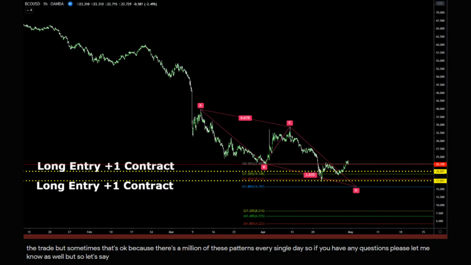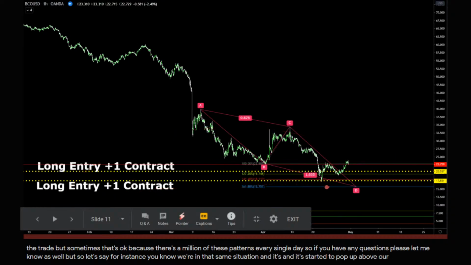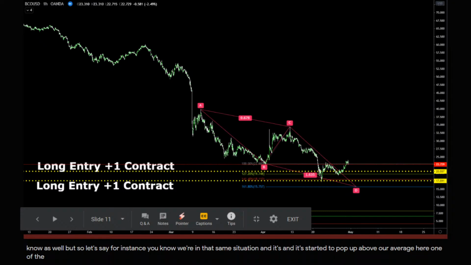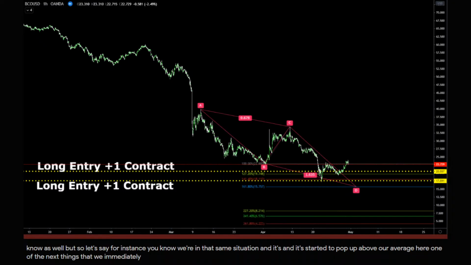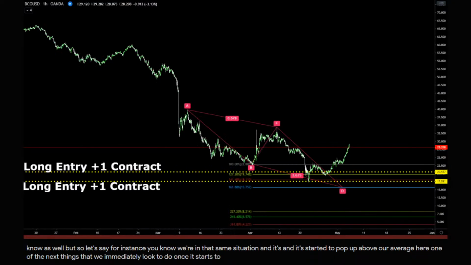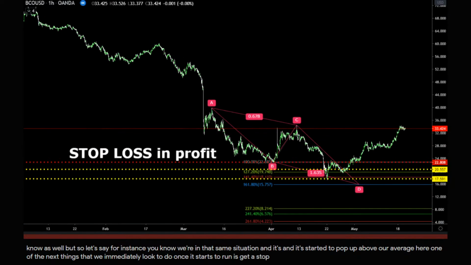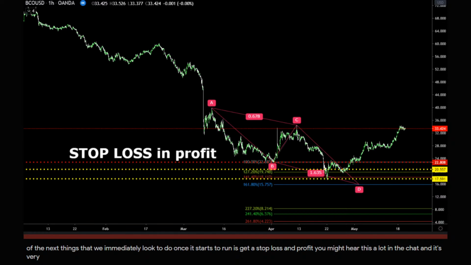So let's say, for instance, we're in that same situation, and it's started to pop up above our average here. One of the next things that we immediately look to do once it starts to run is get a stop loss in profit. You might hear this a lot in the chat, and it's a very common strategy in order to protect your gains.